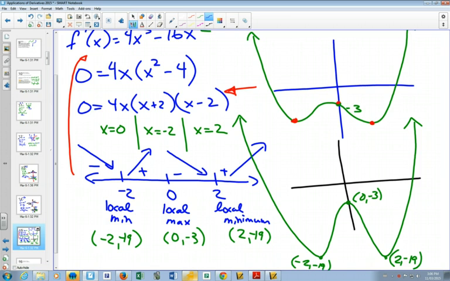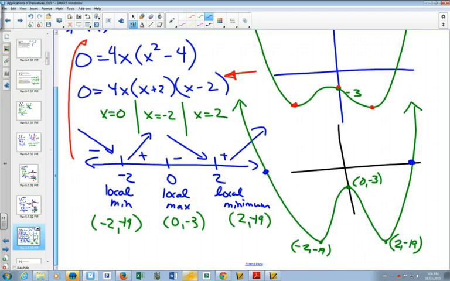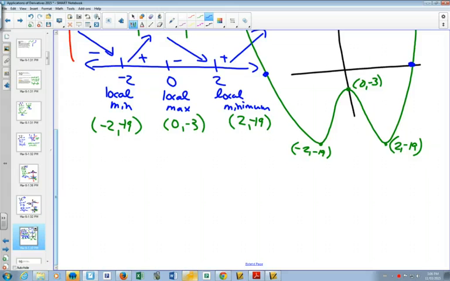If you wanted to find the last key points on our graph, our x-intercepts, we could find them without a calculator. Okay? I'm going to just rewrite the equation. Our original equation was x to the 4 minus 8x squared minus 3.